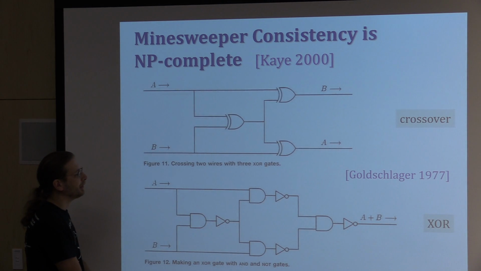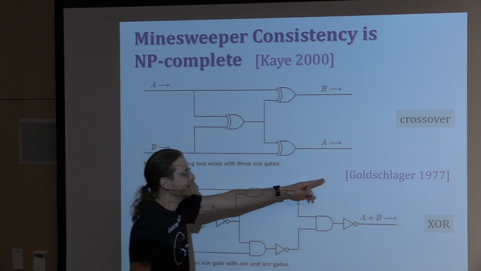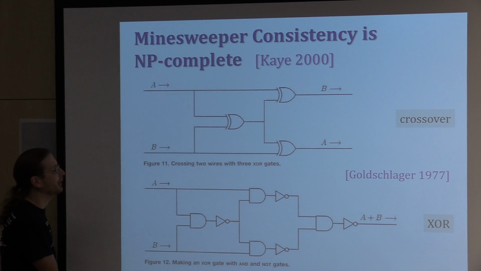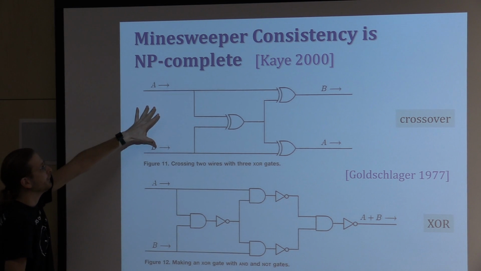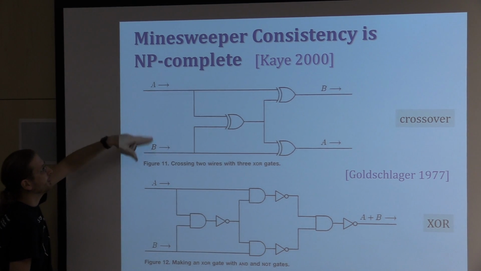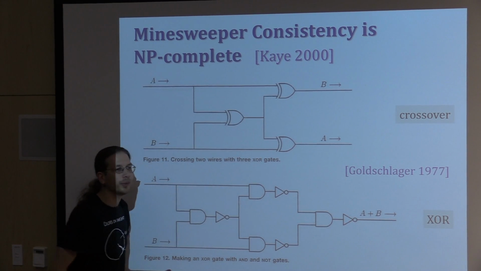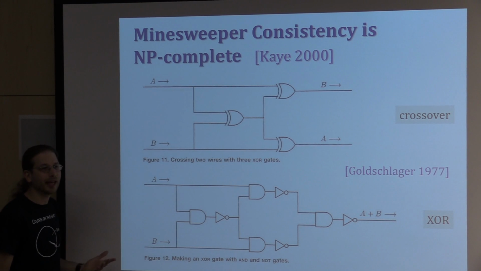So here's a fun thing. I hadn't seen this paper before by Goldschlager in 1977. They were worried about P-completeness, which we haven't talked about yet. But in particular, they give these 2 pictures. This one we've seen: if you have an XOR gadget, you can construct a crossover. Now, we don't have an XOR gadget in this case, but we have an AND gadget, or a NAND gadget.